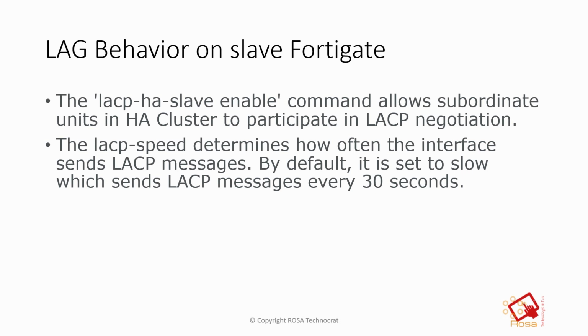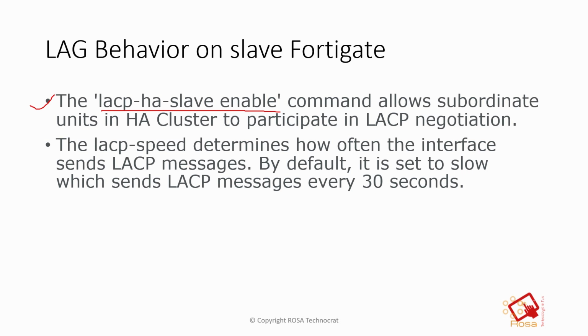Otherwise, what happens is when the master goes down and the slave takes over, only at that time does it start to negotiate the LACP. But if you enable this command, LACP HA slave enable, which is important for those who have an HA setup, and yes, I recommend having this enabled, then at any point of time both the firewalls in the cluster will have the LAG interface up and negotiated.